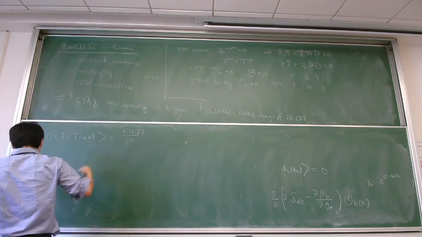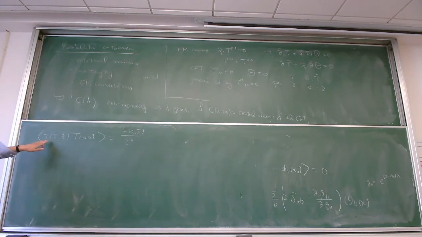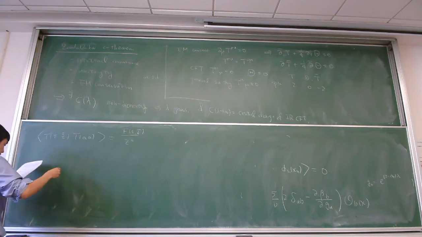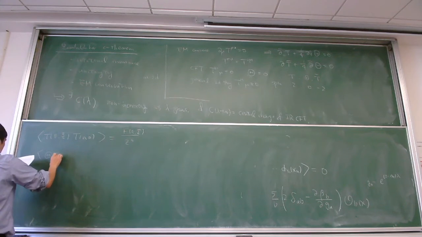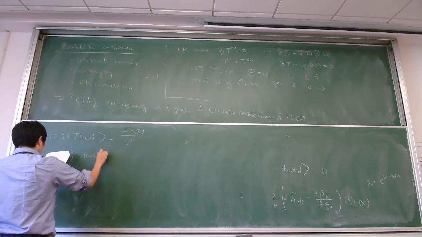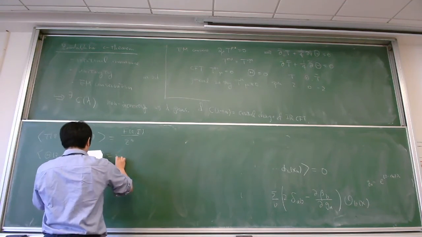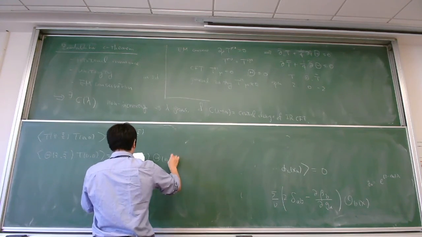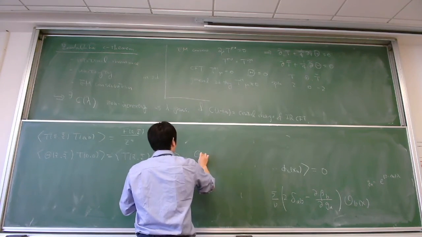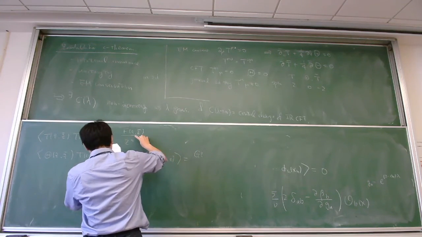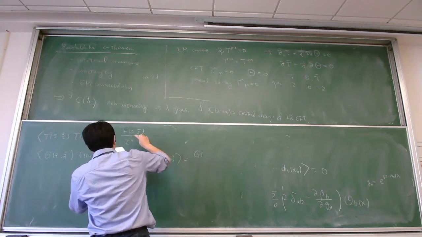Since the scaling dimension is equal to 2, you have a 1 over Z to the fourth, and also for T00, which is the same as TZZ bar, we have some function which is determined by the length, Z Z bar.